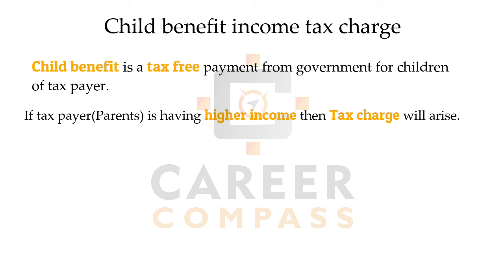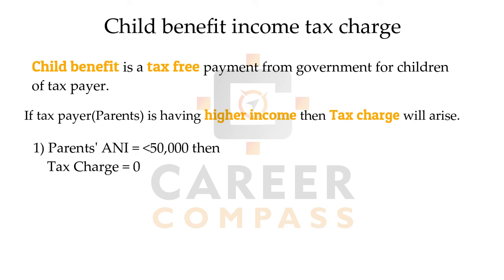And if the mother and father both have an ANI of less than 50,000, then the tax charge will be zero. Then you don't need to do anything. The 100% child benefit will be tax free. Now, here two rules come into the picture.